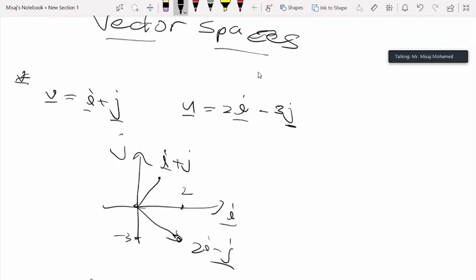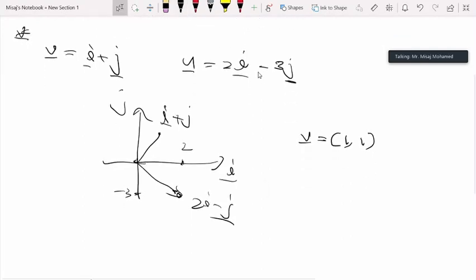So in other terms, we can denote this vector as (1, 1). That means the i component is 1, the j component is 1. Likewise, u can be written in the form (2, -3). So this is the notation we denote.